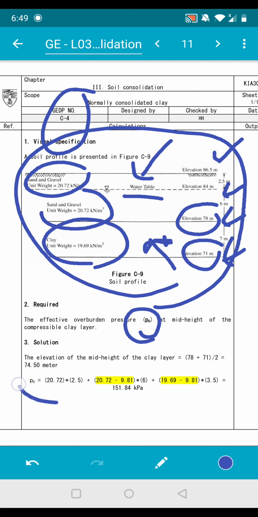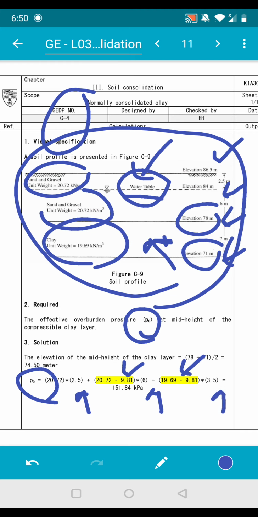And then by using the simple effective overburden pressure formulation, you replace all the parameters accordingly and make sure when there's a water table, you need to subtract the unit weight of water and take care of each of these thicknesses. Okay, and in the end, the effective overburden pressure is calculated as 151.84 kPa.